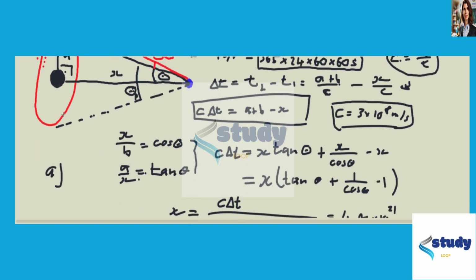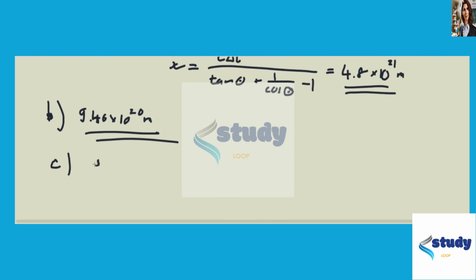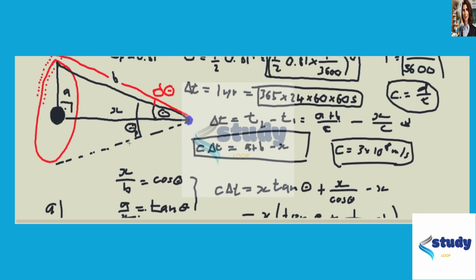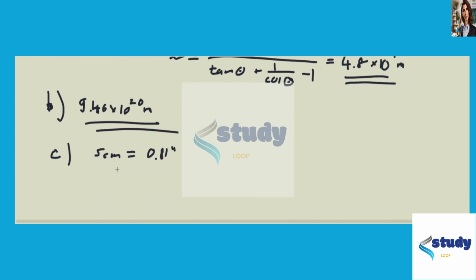Okay, and then you're going to have something like 5 centimeters is equal to 0.81 arc second. And then if you measure this little distance in terms of centimeters, you find that it's, I don't know, roughly a tenth of that. So let's say it's 0.5 centimeters, which then corresponds to 0.081 arc seconds.